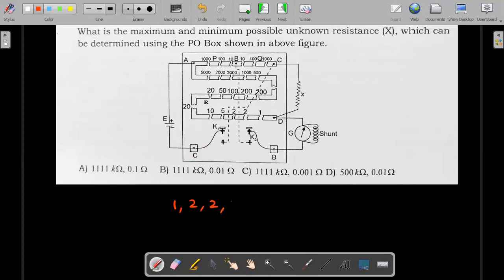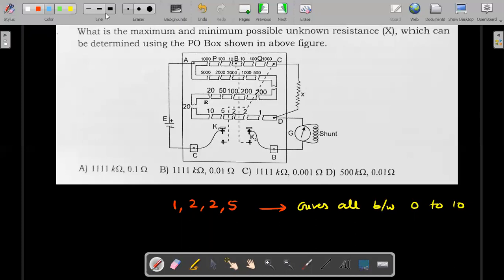This combination of numbers gives you all numbers between 0 to 10. Can you see that? You want 0, plug all the things, short circuit everything, you get 0 ohm. You want 4 ohm, then you can use 2 plus 2. You want 8 ohm, then 5 plus 2 plus 1 will do. So this is a combination. That's why they use 1, 2, 2, 5.